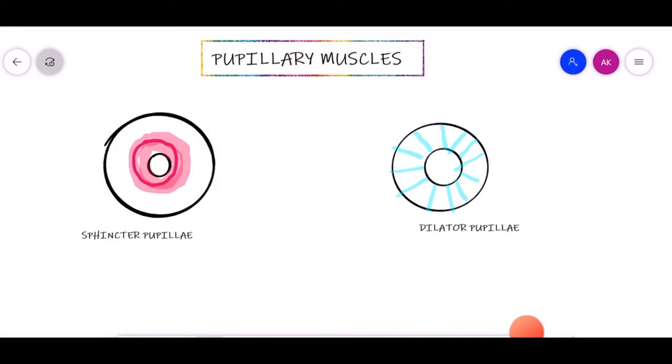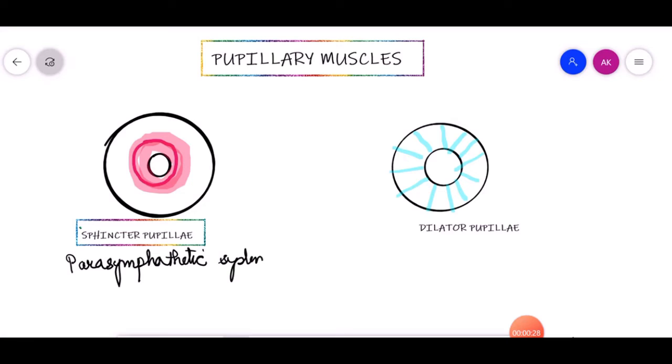There are basically two pupillary muscles associated with the reactions of the pupil. The first pupillary muscle is the sphincter pupillae, which is present in a circular manner around the pupil. Okay, and this sphincter pupillae is under the control of our parasympathetic system. However, we have another muscle called the dilator pupillae, which is under the control of our sympathetic system.